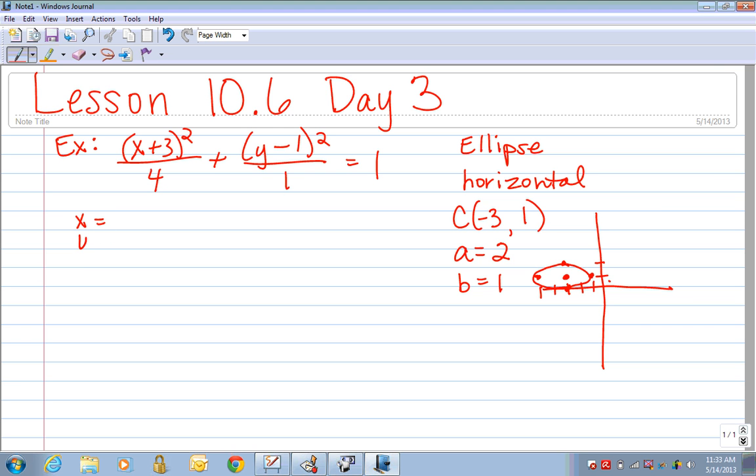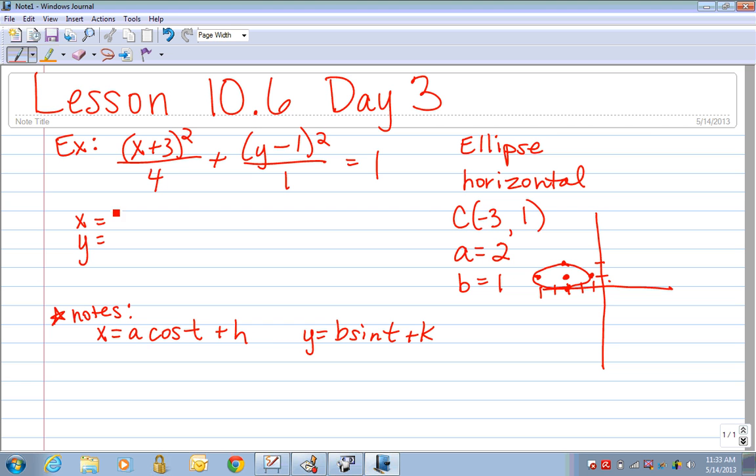We need to give the parametric equations for these. So x equals, y equals. Looking back at our notes, I'm just going to put a little reminder about our notes. Because it is a horizontal ellipse, I'm referring to my notes, and it says x equals a cosine t plus h, and y equals b sine t plus k. So taking the information from this problem, I'm going to plug that in.